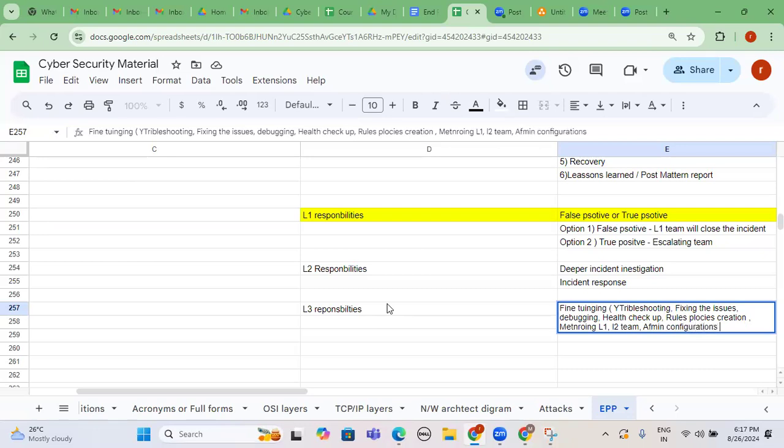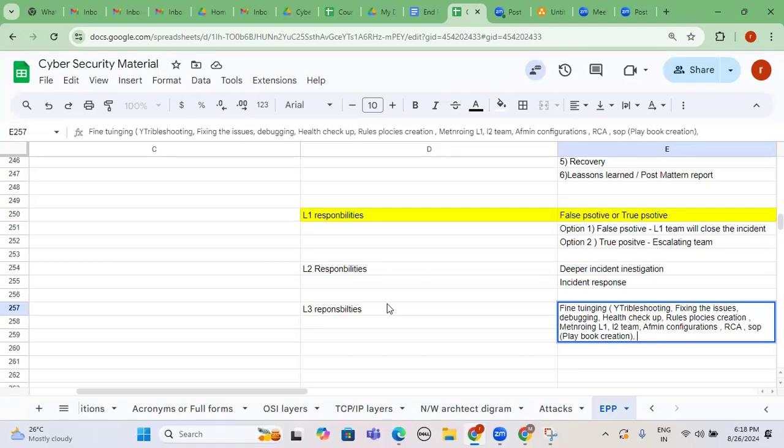Nowadays, admin configurations also they're not doing. Root cause analysis, documentation preparation, SOPs creations. This is also called a playbook. In case of EDR tool, in case of SIEM tool, additionally we have to add log onboarding, and also correlation rule creation as well.